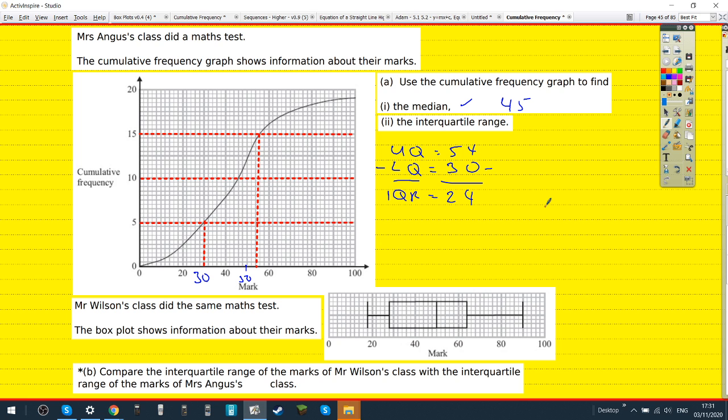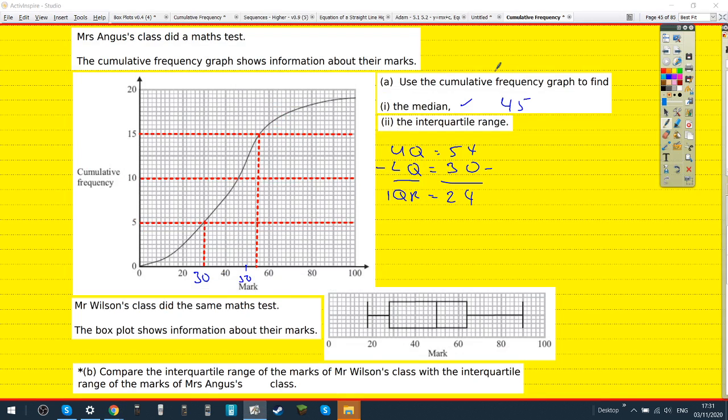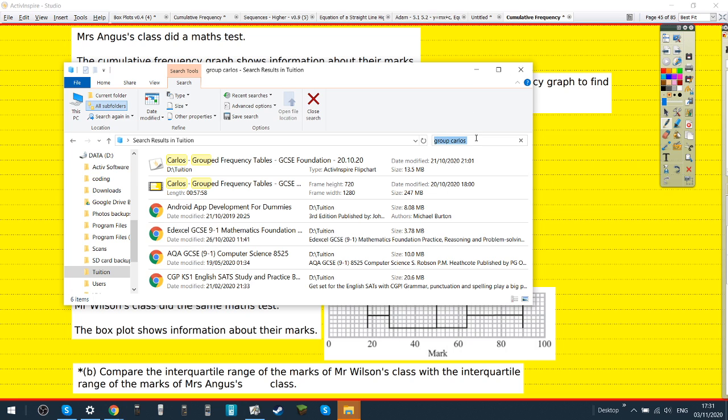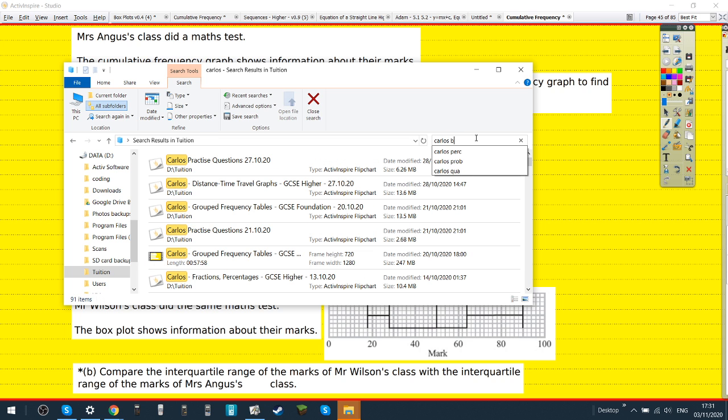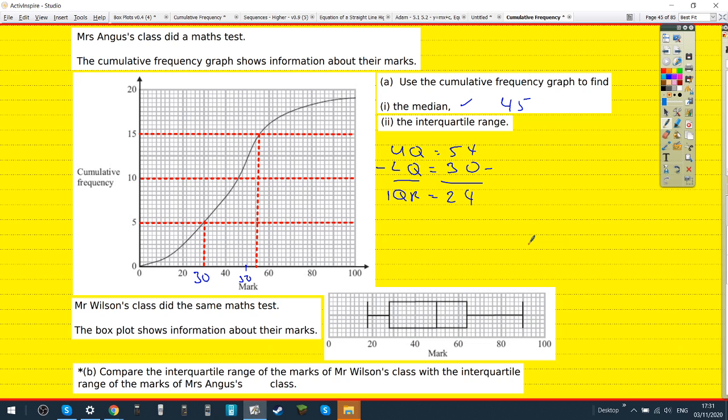How would you find interquartile if the graph looks like that? Did we do box plots? I think we did it ages ago. Yeah, we did it in the summer. Any idea which one is the median in the box plot?